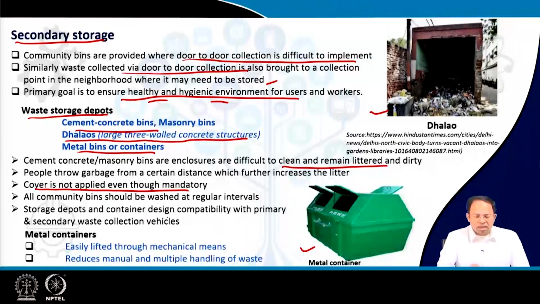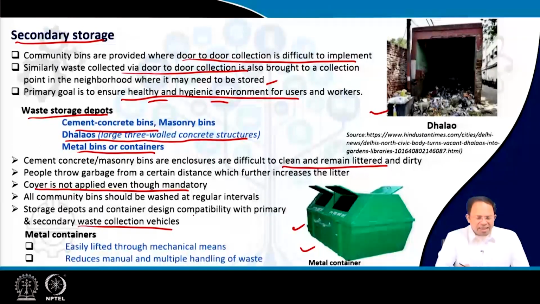Storage depots and container design should be compatible with primary and secondary waste collection vehicles. That means if we are storing waste in a metal container, it should be such that it could be lifted by a vehicle or a lorry. By the chain mechanism they have got, they will fit the chain to this container, lift it, put it on the lorry and then take it to the final disposal point.